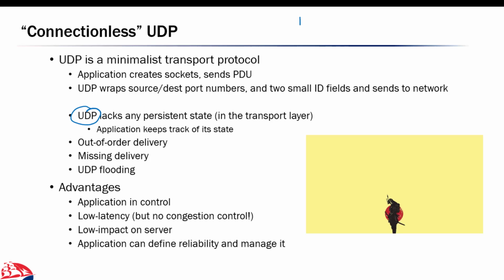Let's say that I have a media server and I'm sending out UDP packets to all of my users. I'm Netflix, and I want to count how many people are watching the latest, greatest show.